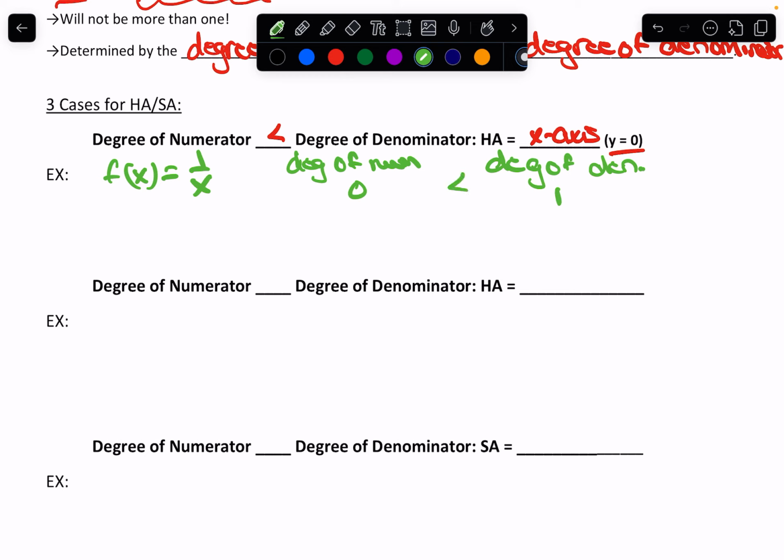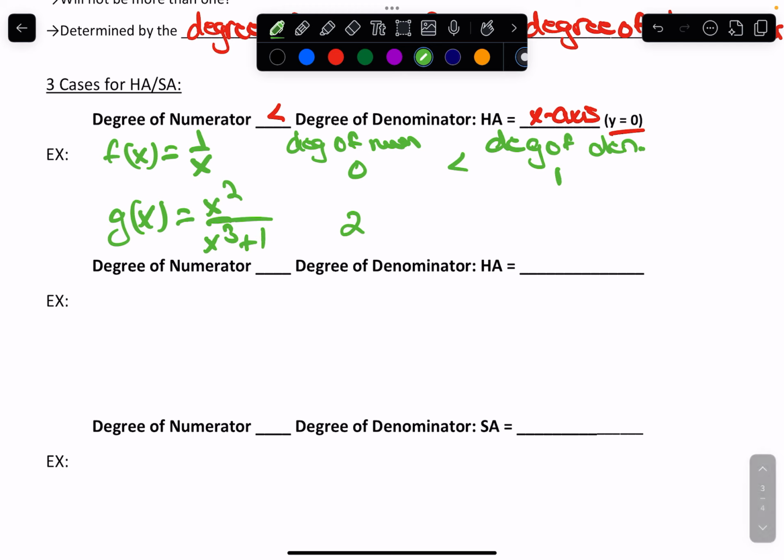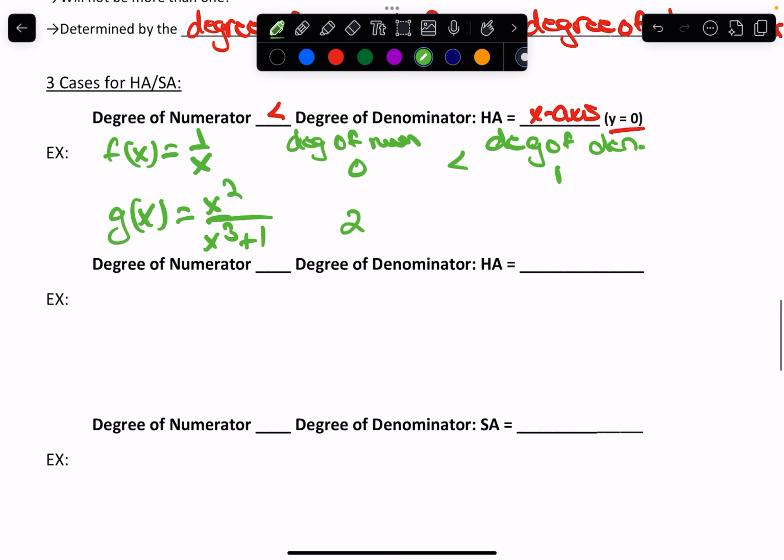Another example, g of x equals x squared over x cubed plus 1. Degree of numerator is 2 and the degree of denominator is 3. 2 is less than 3. So for both of these, our horizontal asymptote is y equals 0.